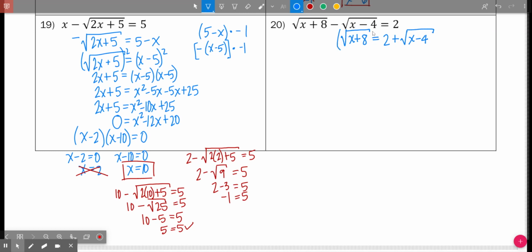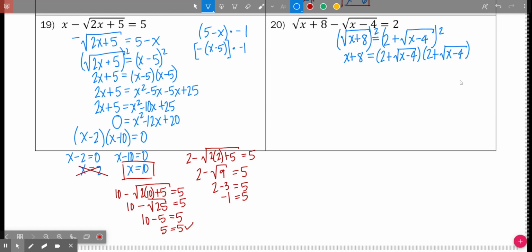I'm going to square both sides. So this is x plus 8 equals, when I square this, 2 plus the square root of x minus 4 times 2 plus the square root of x minus 4.